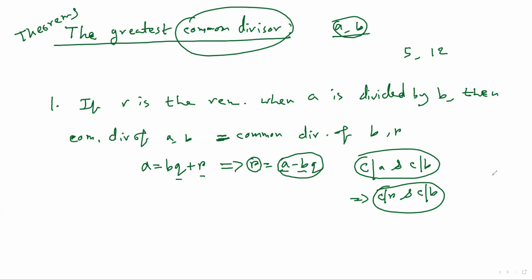And we can use this particular fact to find out the GCD of two numbers. Some call it the Euclid algorithm because it was by Euclid. This can be mentioned as theorem number 2 on the greatest common divisor.